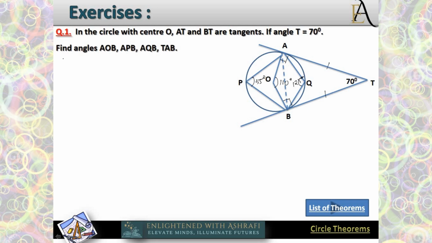Now step 4, if you look over here, this is T, that is 70 degrees. This side is equal to this side, because we know TA and BT are tangents. We have to find out this angle.